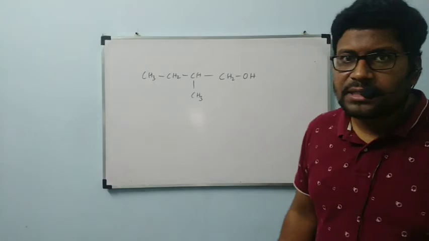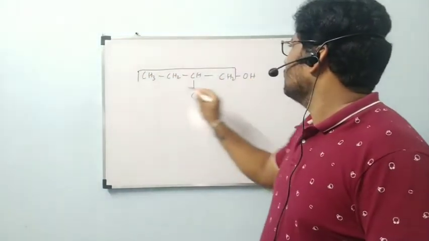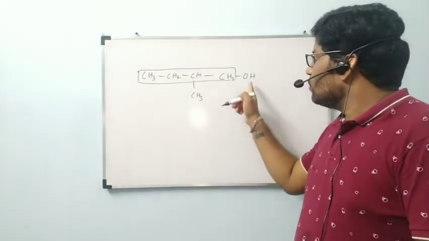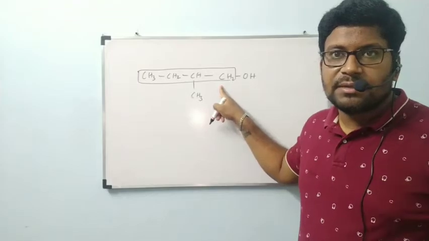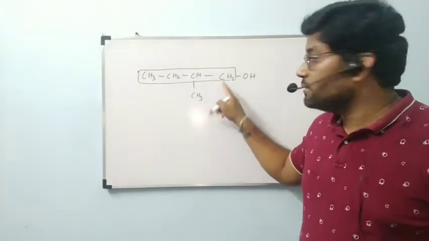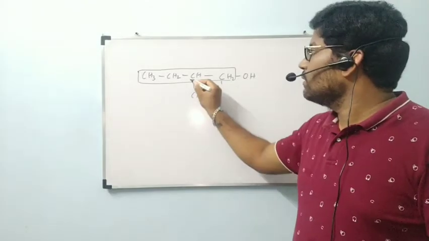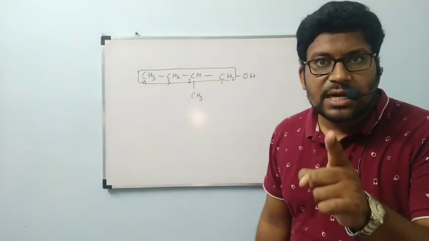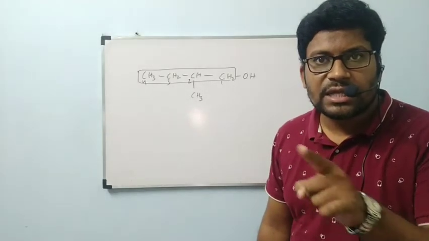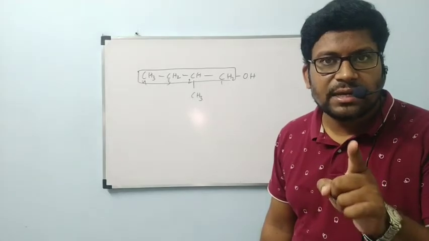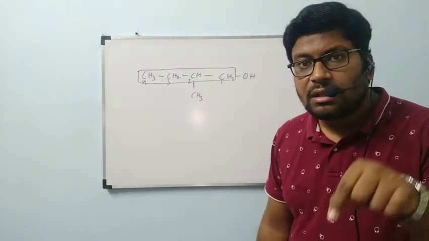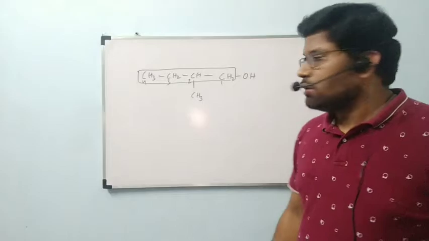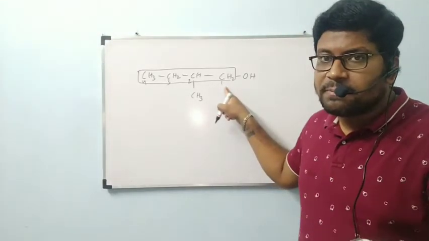According to that, this is the parent chain. Numbering must be given so that the OH-bonded carbon gets the least number, so from here we start numbering: 1, 2, 3, 4. If the functional group does not contain carbon, like OH or NH2, we see that it is bonded to a carbon, and that carbon must be included in the parent chain.